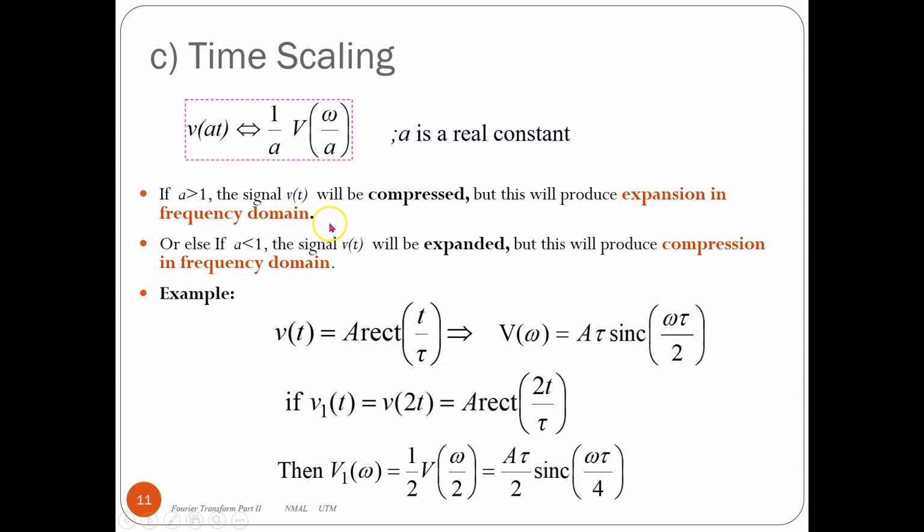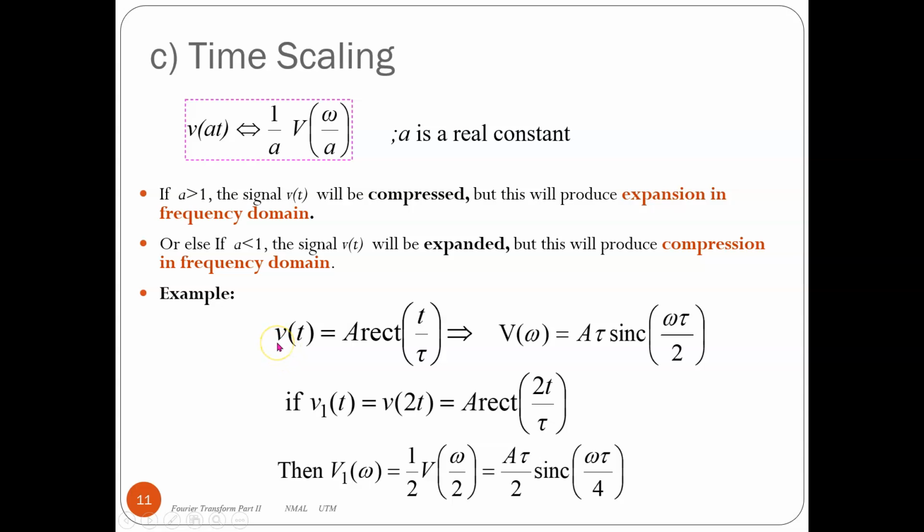So this is the opposite effect. Otherwise, if a is less than 1, the signal in the time domain will be expanded, but in the frequency domain it will be compressed. Again, it has an opposite effect.